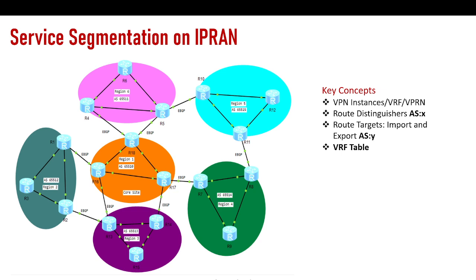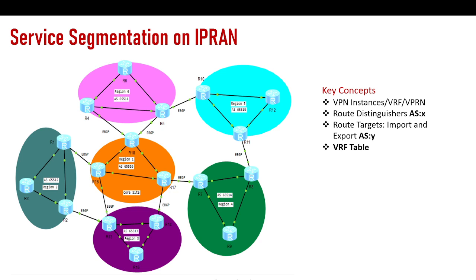So we'll have a different route distinguisher for 2G, a different route distinguisher for 3G, 4G, and 5G. And these route distinguishers will be even different in different regions. Remember, we have different regions on the service provider network. So we need to do proper planning for the route distinguishers so that we don't end up having overlapping or repeating route distinguishers in the network.